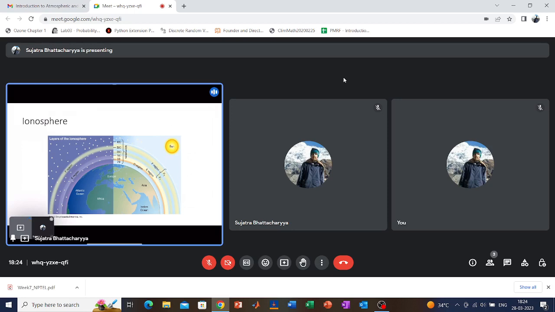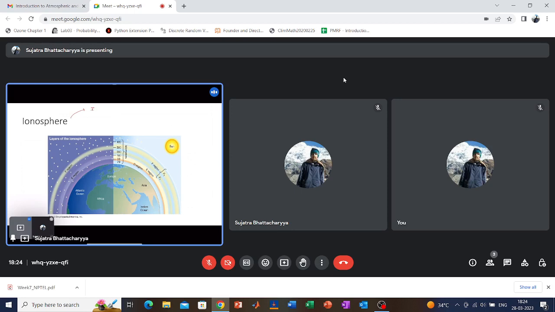So what is ionosphere? Let me first define what is ionosphere, and then I will talk about different layers of the ionosphere, as you can see here.